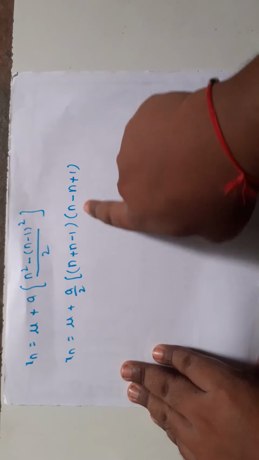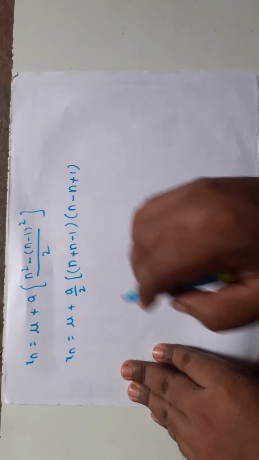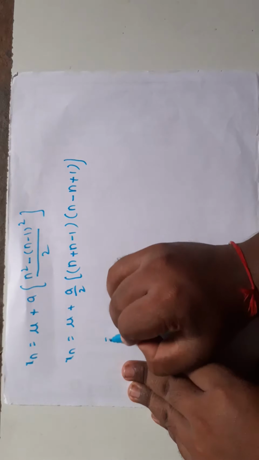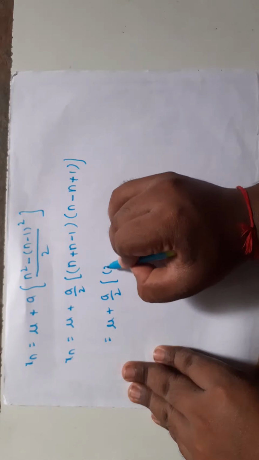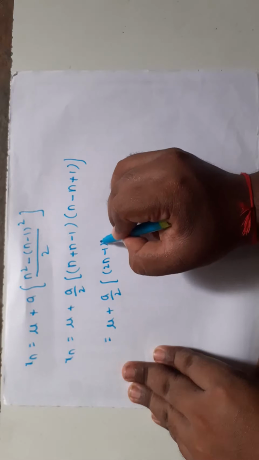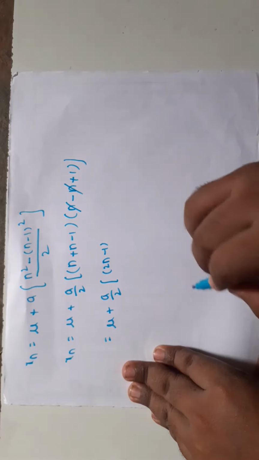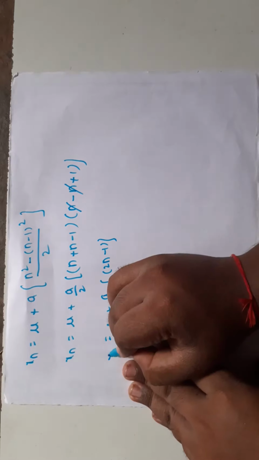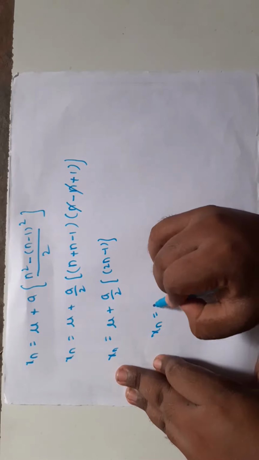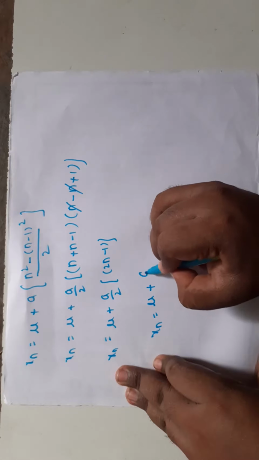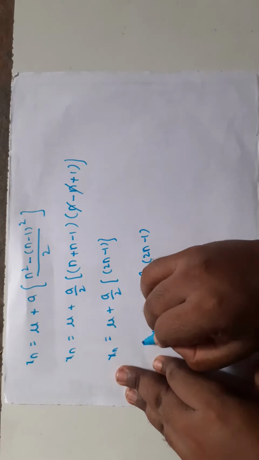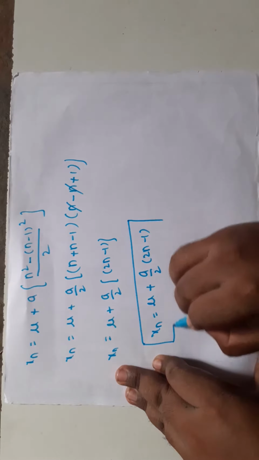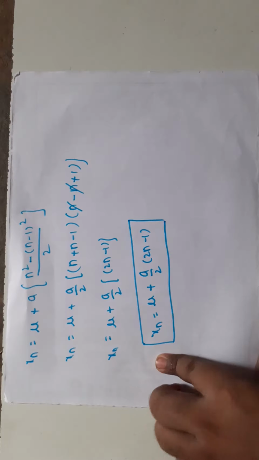Okay, a minus b, u plus a by 2, 2n minus 1 here, n gets cancelled. So xn equal to, what is the formula? u plus a by 2 into 2n minus 1. That is the fourth equation of motion.